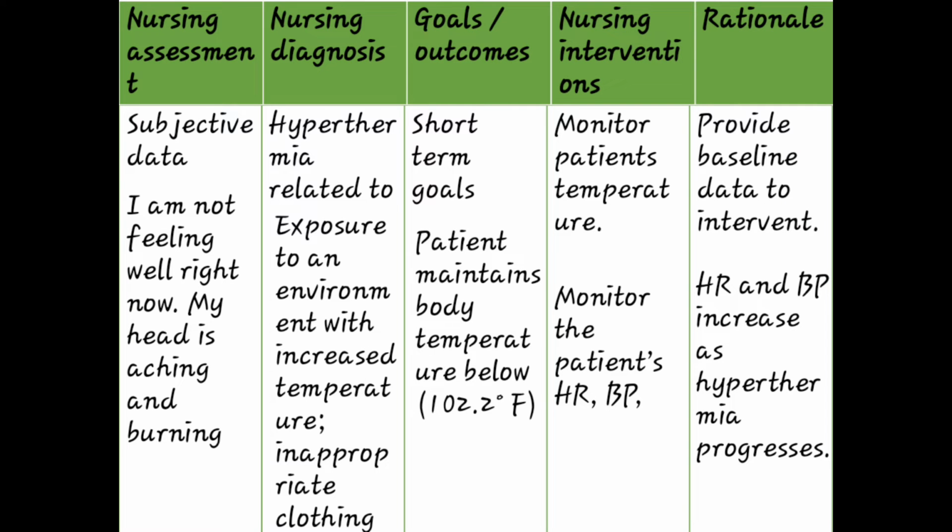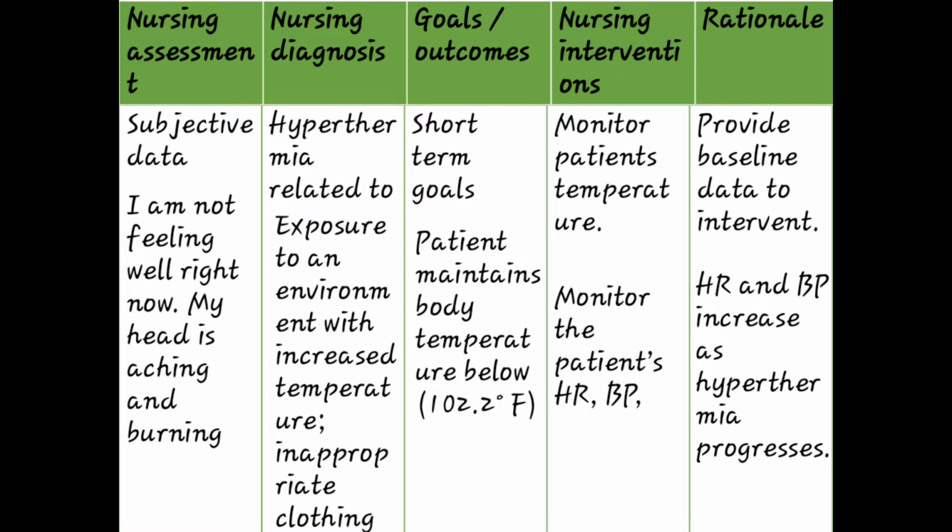So here we have mainly 6 components of the nursing care plan: the nursing assessment, nursing diagnosis, goals or outcomes, nursing interventions, then rationale, which is the scientific rationale behind the nursing interventions, and the last is evaluation. Evaluation we will discuss at the end of the video, because we don't have a real case scenario here.